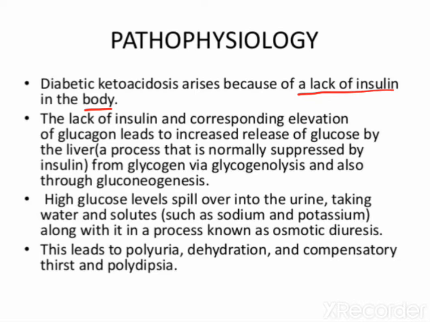The lack of insulin and the corresponding elevation of glucagon leads to increased release of glucose by the liver, a process that is normally suppressed by insulin. So there is release of glucose by liver from glycogen via glycogenolysis and also through gluconeogenesis.